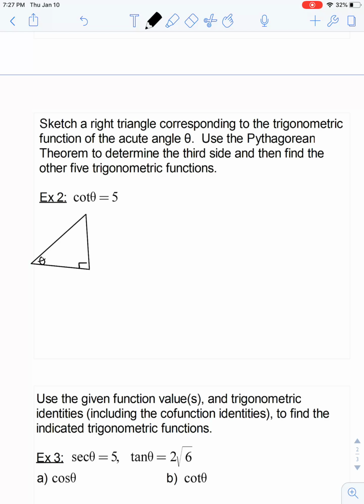So if I put theta here, so cotangent of theta equals 5, so that's adjacent over opposite, because it's essentially the reciprocal of tangent. So I'm going to say, okay, that means that this is really 5 over 1. So adjacent is 5 and opposite is 1.